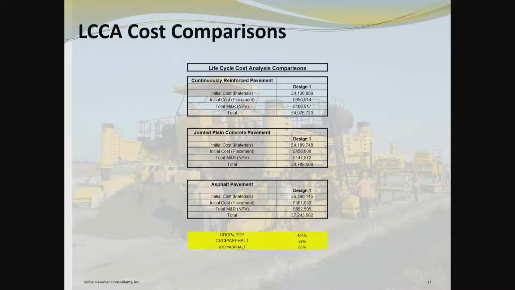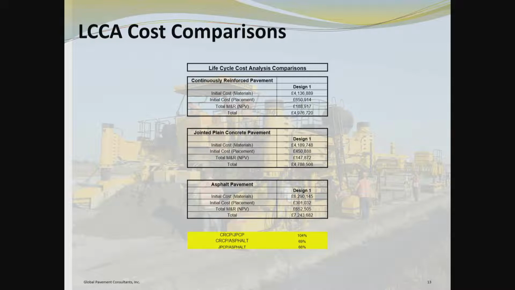So life cycle cost comparison. We went through and put in designs that are realistic for moderate to heavy traffic. This continuously reinforced pavement, this is 25 centimeters, this is 30 centimeters, this is an equivalent design to the CRCP.